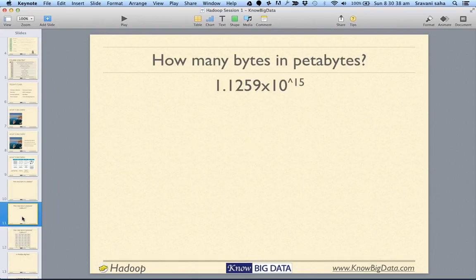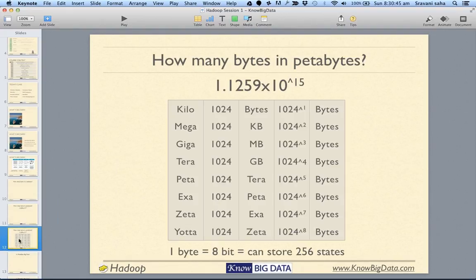All right. So quickly, I'll say that something close to 10 to the power 15 bytes is 1 petabyte. And the classic way to remember it is this table. A byte is basically 8 bits and it can store 256 states, right? Using 8 bits, if you have 8 fingers, till what number could you represent using these 8 fingers?